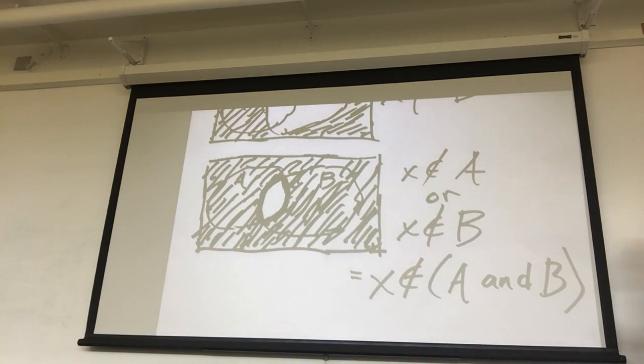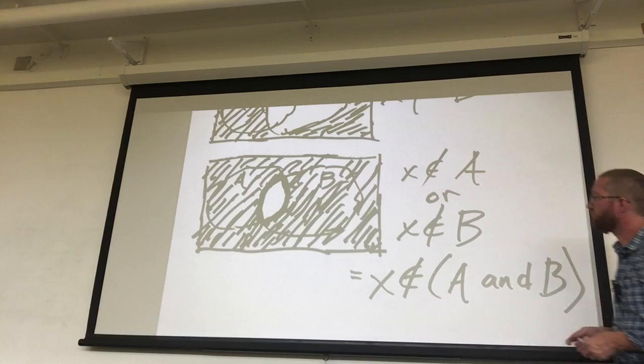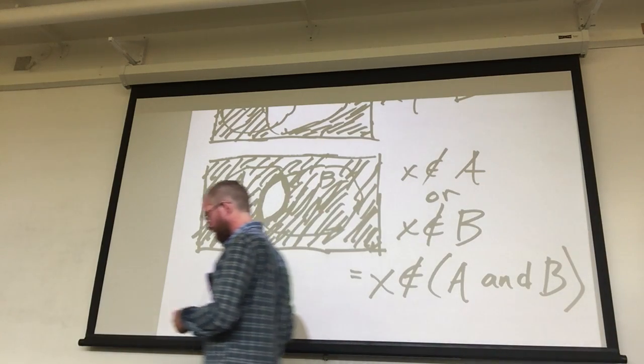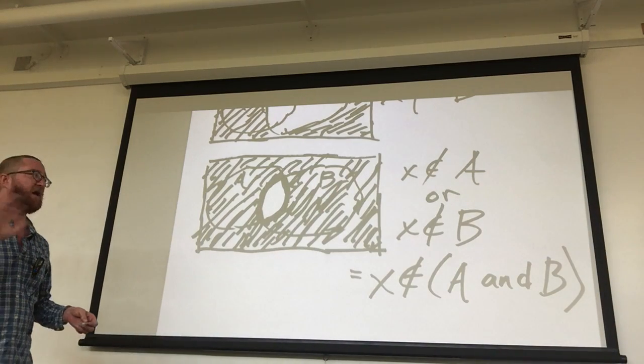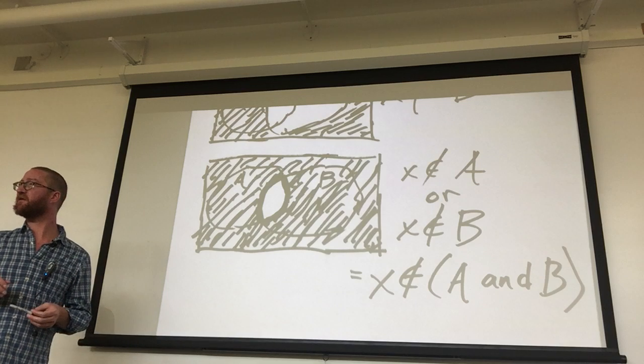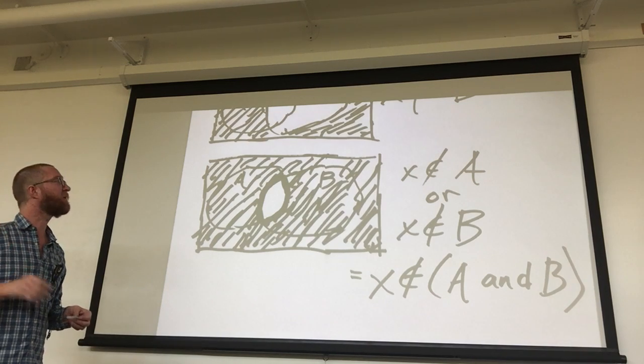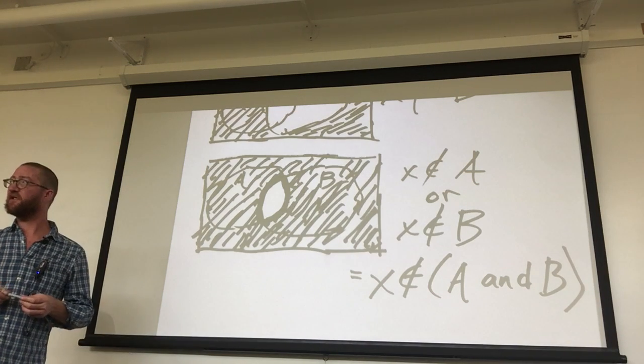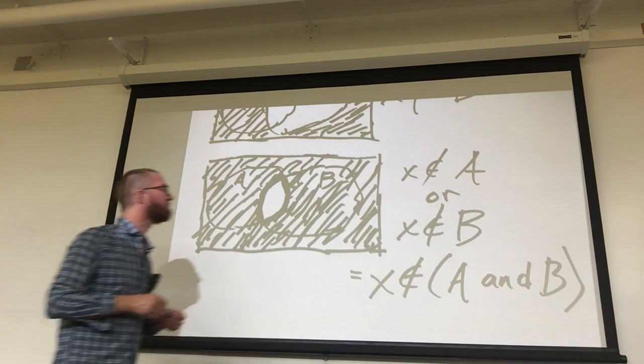I was going to say X is not in A and B. Well, that would be X is not in A or X is not in B. Difference between and or statements. I know it's just two words, but they actually carry quite a bit of meaning.